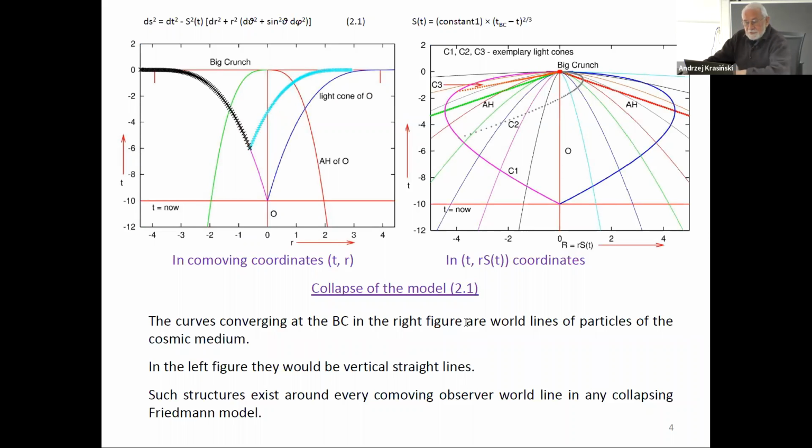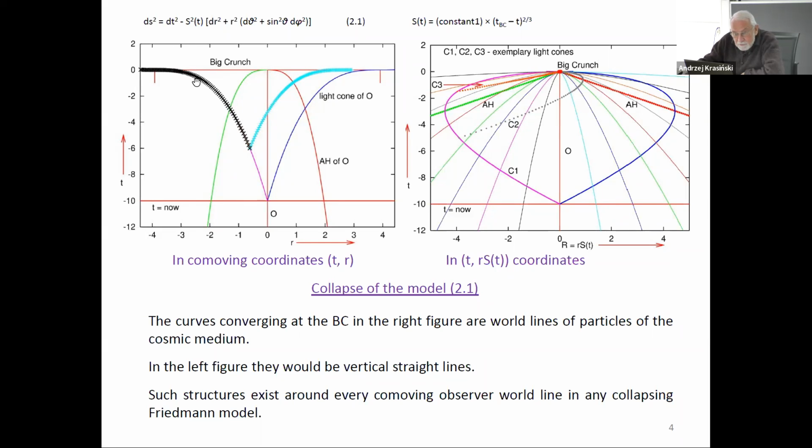Okay, so these are the pictures that illustrate where the apparent horizon is. The left picture is in comoving coordinates. This is the present time, the lower horizontal line. The upper horizontal line is the final singularity. This is the observer O in the center, and this pair of curved lines is the profile of the observer's light cone at this moment.